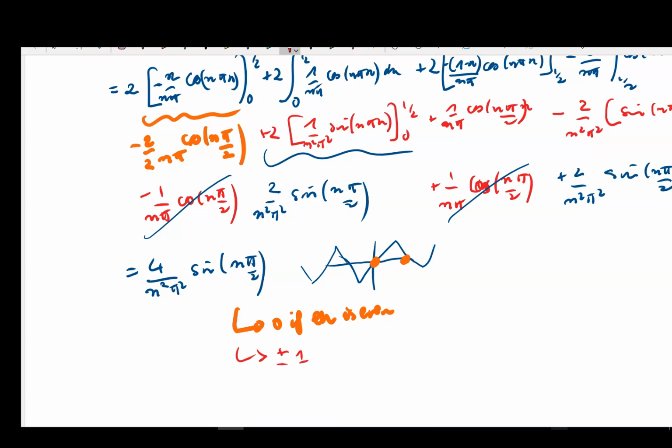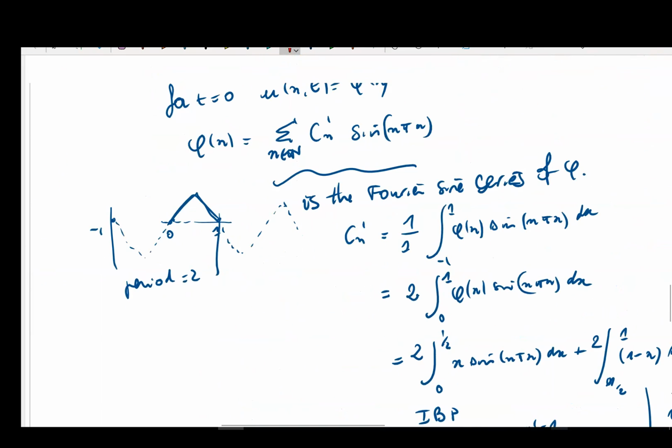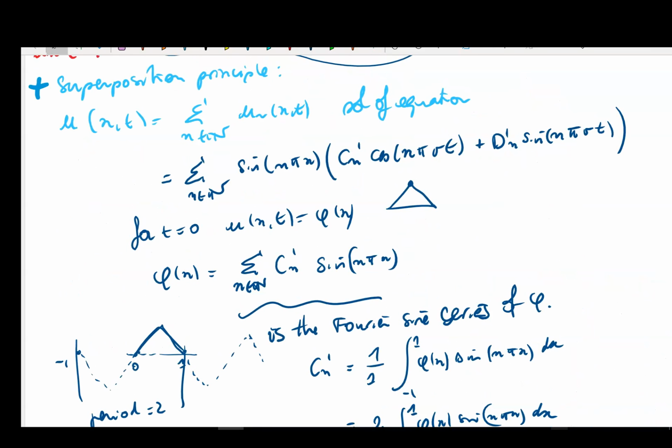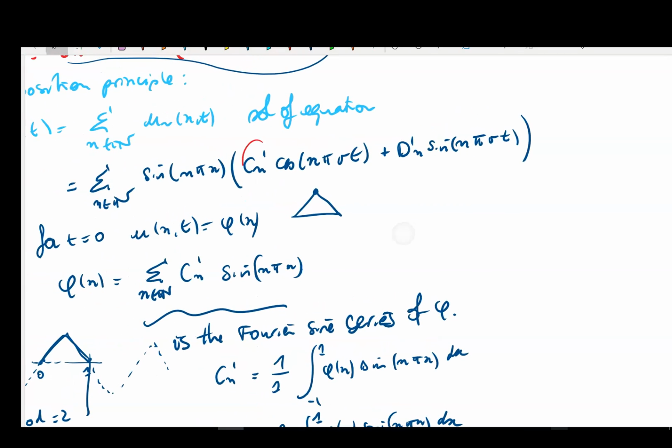Okay, so that's it. So what have we found? So we know that this is actually the Cn prime. We don't need to plug that maybe in our expression for un. Okay, so maybe let me just see where we are here. So we have found this.